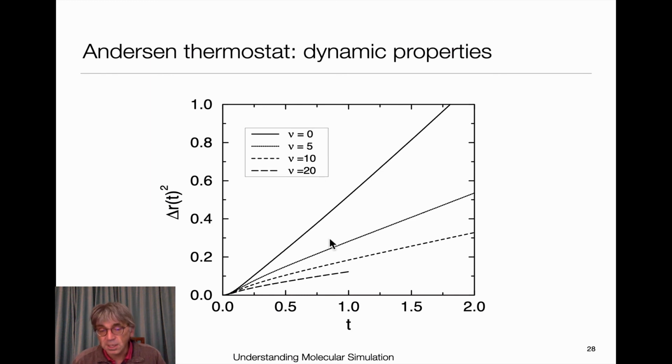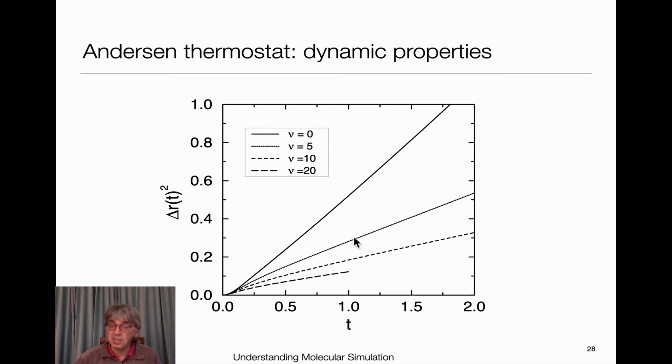But if you want to calculate dynamic properties, it's much safer to stop using the Andersen thermostat once it's equilibrated, and then just do an NVE simulation using conventional molecular dynamics. At least then we don't influence the dynamics, and that is an important result.